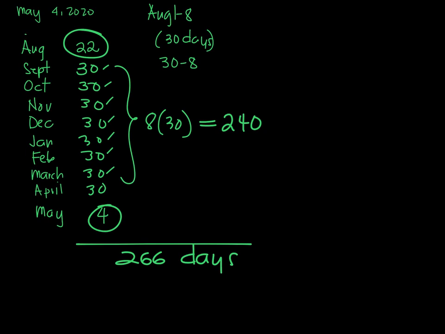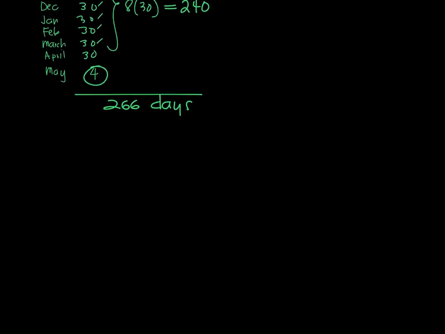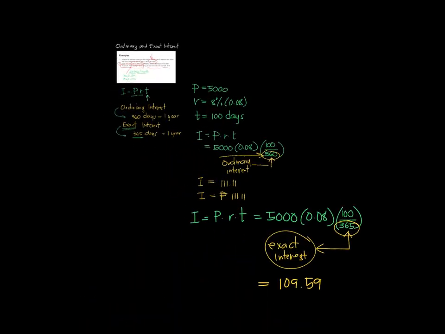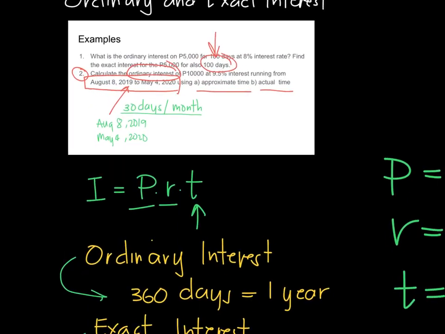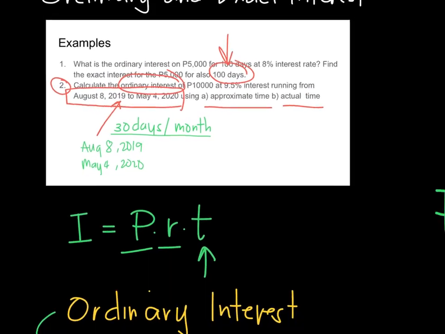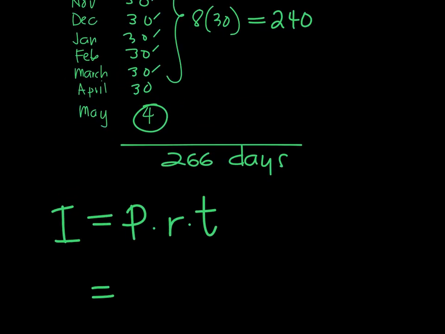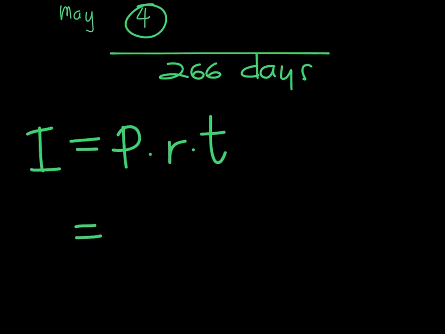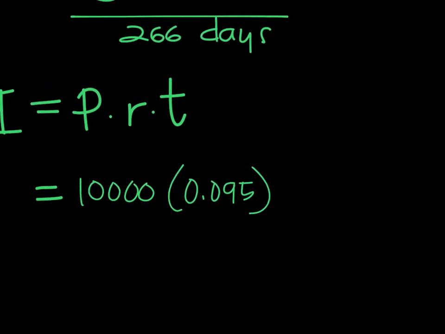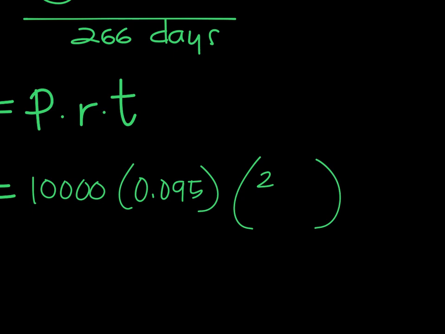So when we compute for the ordinary interest, I is PRT. The amount that we borrowed is 10,000 pesos, with a 9.5 interest rate, 0.095. And then the time has to be converted into years, 266.